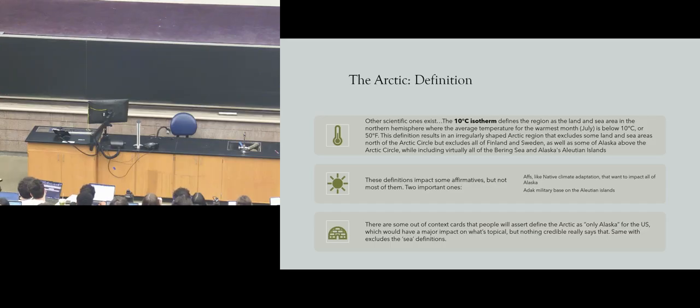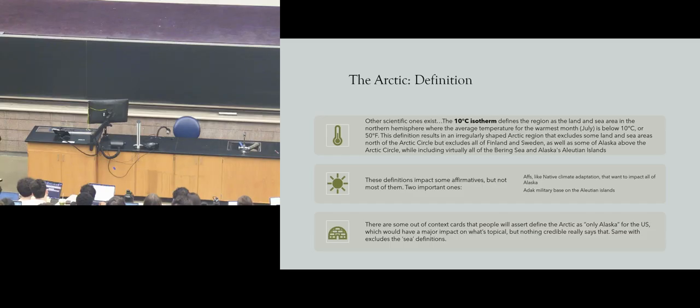We'll talk about a couple of the affs that it impacts. There will be some bad T definitions, and there's even one or two cards in the starter pack that you could use to set this up that will say something kind of ridiculous. There are two definitions that I think will be run throughout the year, but we're not going to win very many rounds unless they're really badly handled. One is that the Arctic is only the land and excludes air, sea, stuff like that.